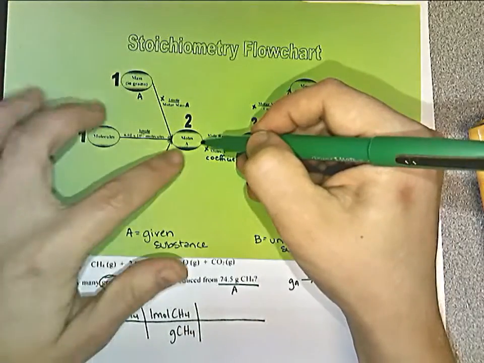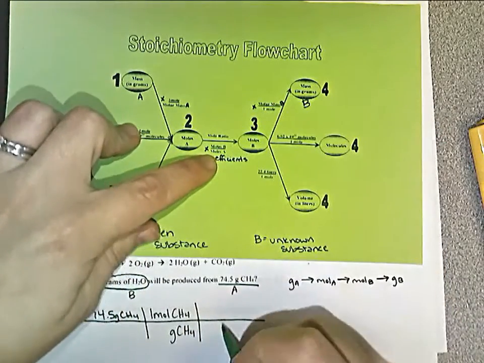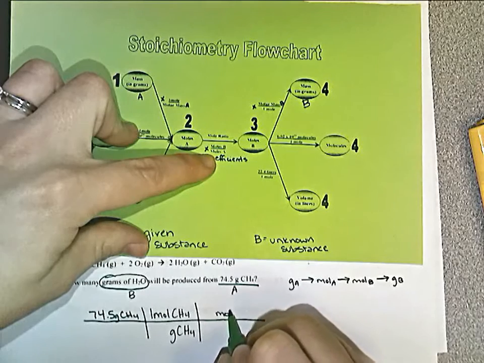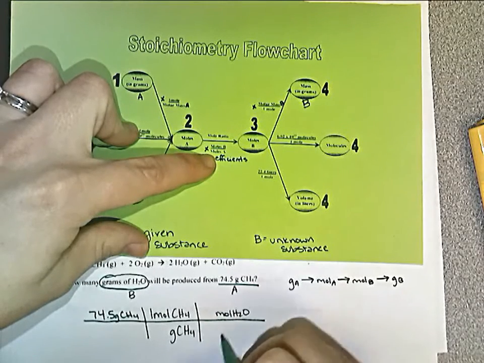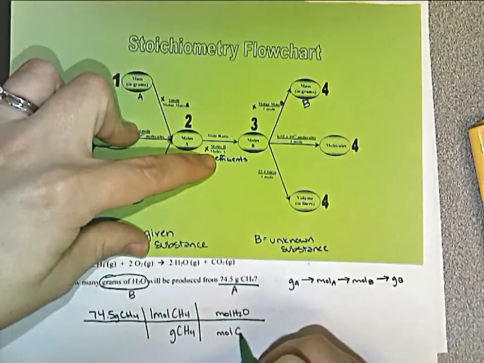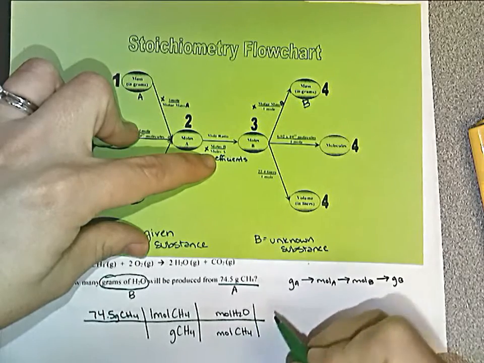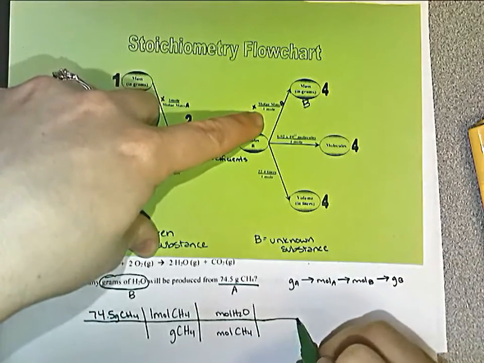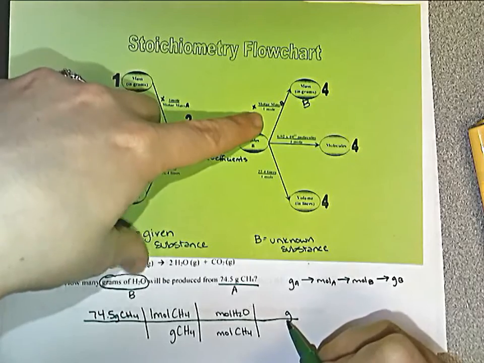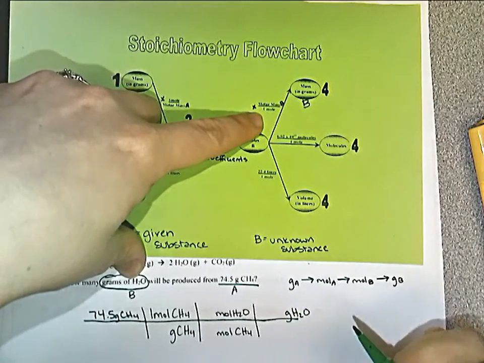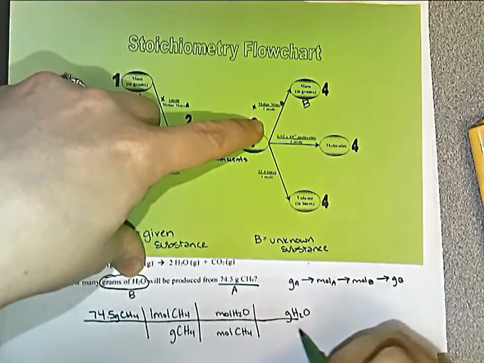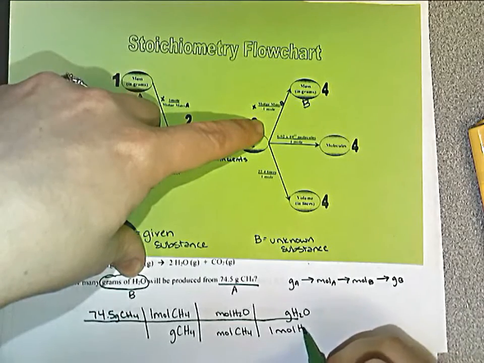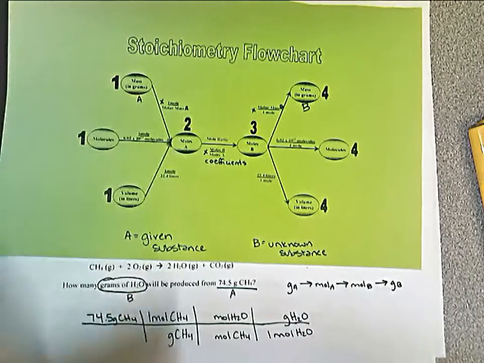My next step, I use the moles of B on top, which is H2O, and the moles of A on bottom. And then my last step is my molar mass of B. Well, B is H2O over 1 mole of B, which is H2O. Either way you work these guys, just keep working.